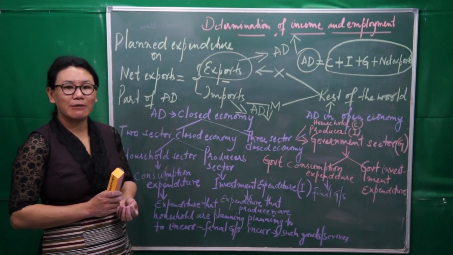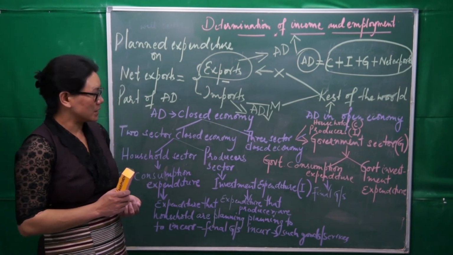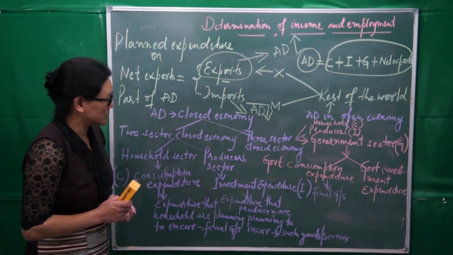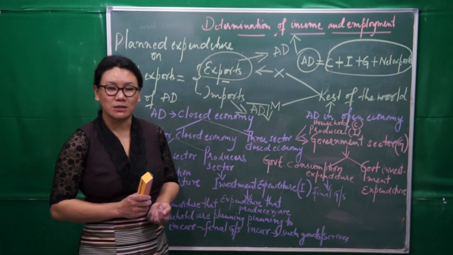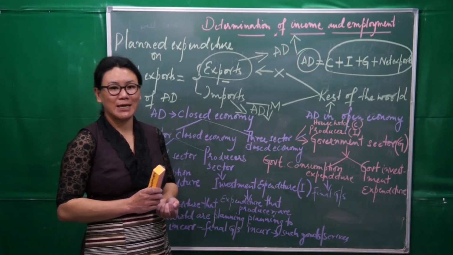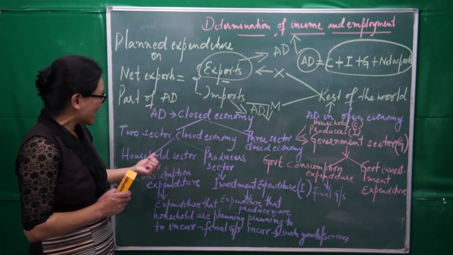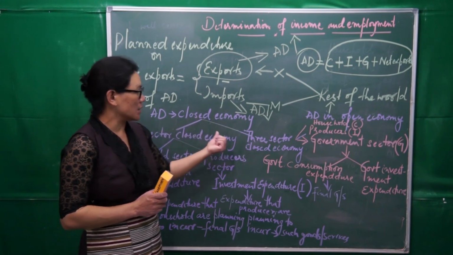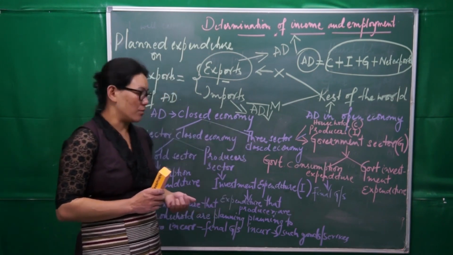So people here refers to the sectors, right? So we have 4 sectors in this. And these 4 sectors have been categorized under these heads. That is AD in closed economy and AD in open economy.